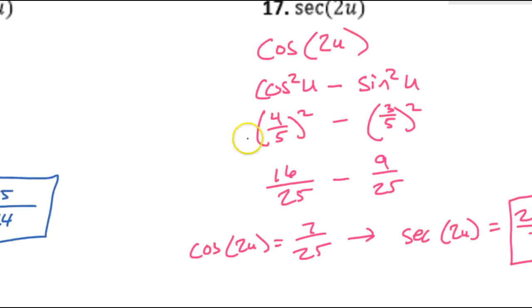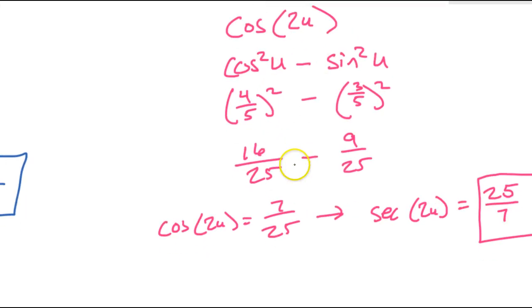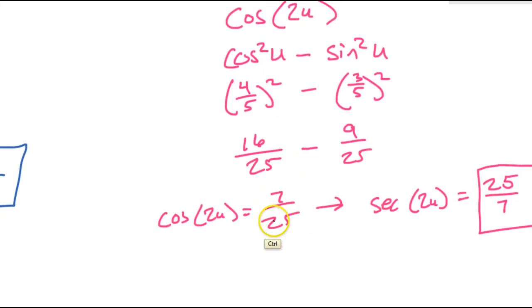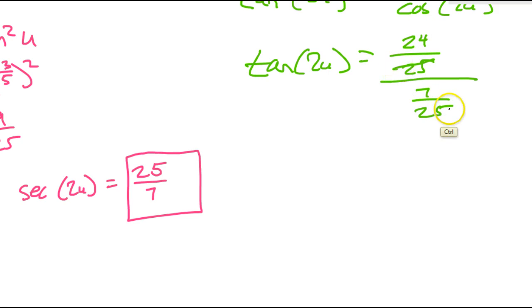Okay, how about the cosine of 2u? All right, the cosine of 2u turned out to be 7 over 25. All right, now these denominators are the same, so they will cancel out.